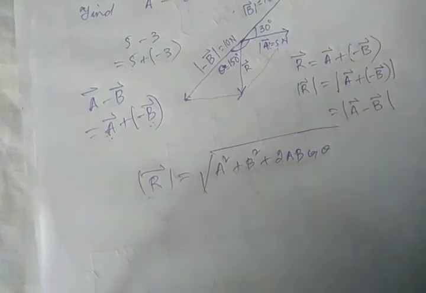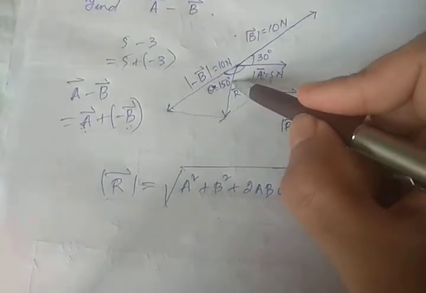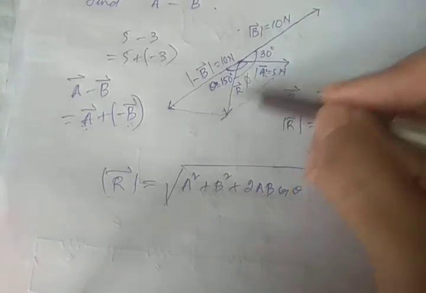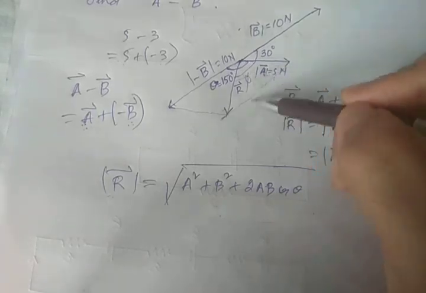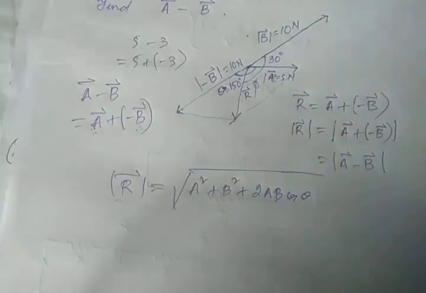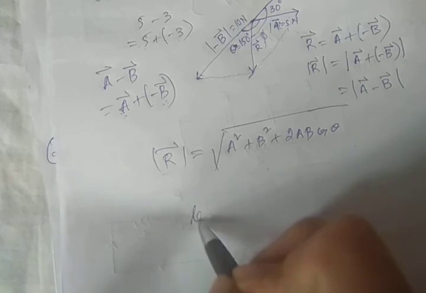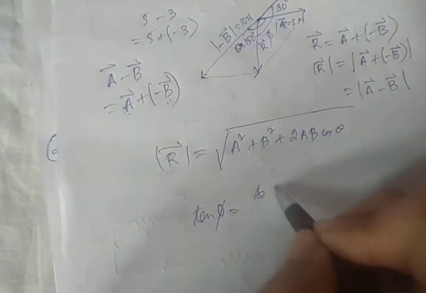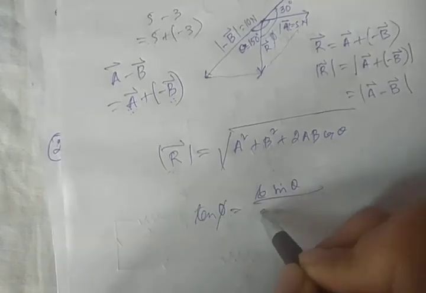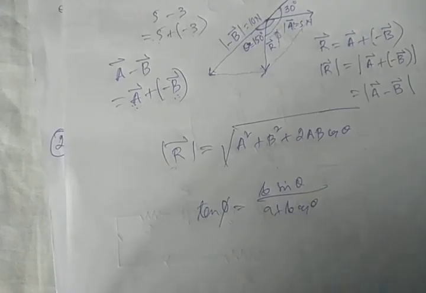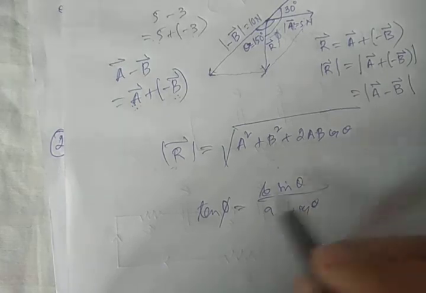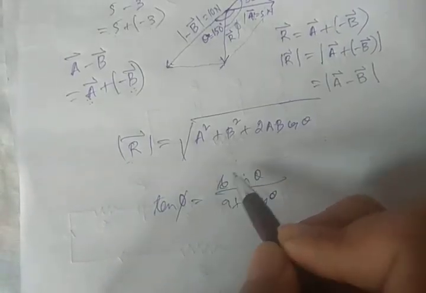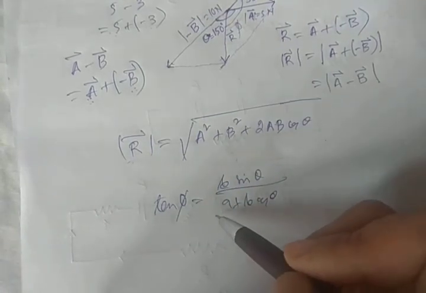The direction again will be given by, say for example, this angle is phi. The angle which the resultant vector makes with our vector A is phi. So we need to calculate this phi, and in order to calculate phi, we have this equation. Tan phi is B sine theta divided by A plus B cos theta. B over here means vector minus B, don't forget.